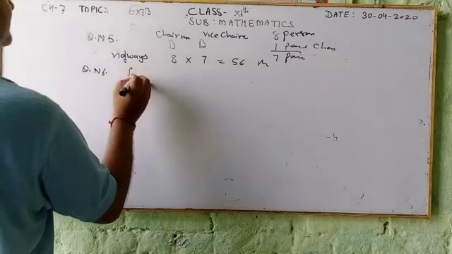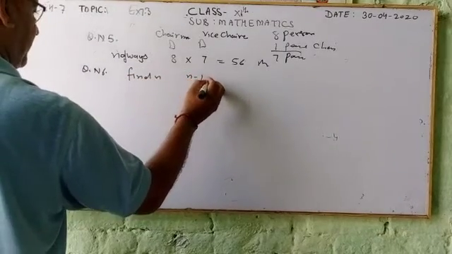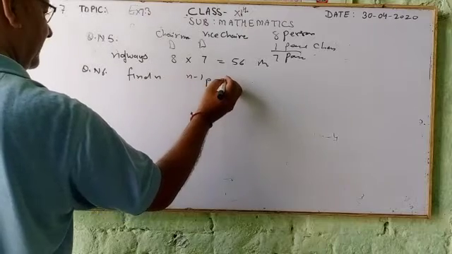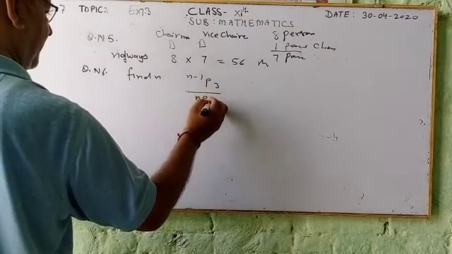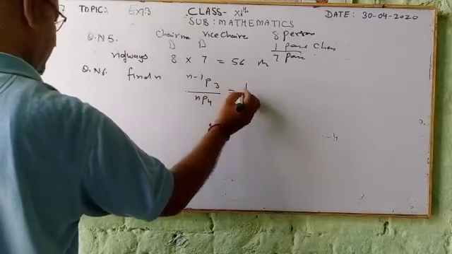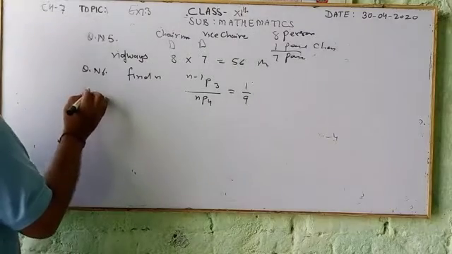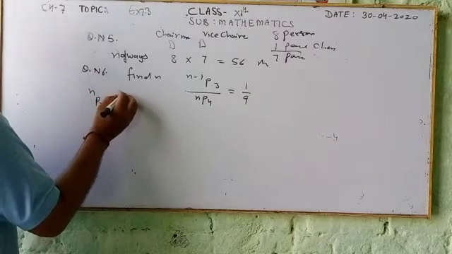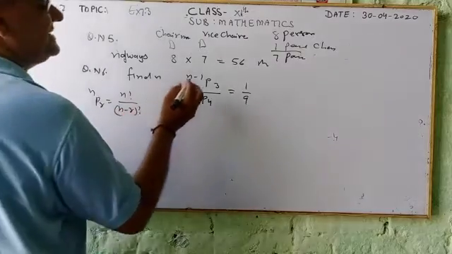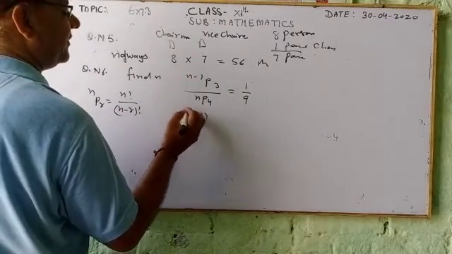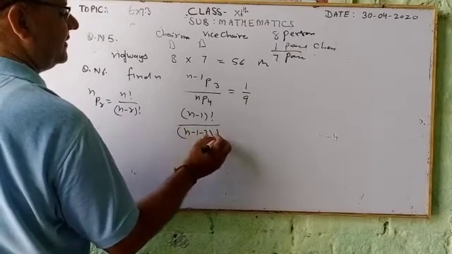Find n: (n minus 1)P3 upon nP4 equal to 1 upon 9. We know the formula nPr equals n factorial upon (n minus r) factorial. Using this formula we get (n minus 1) factorial upon (n minus 1 minus 3) factorial.